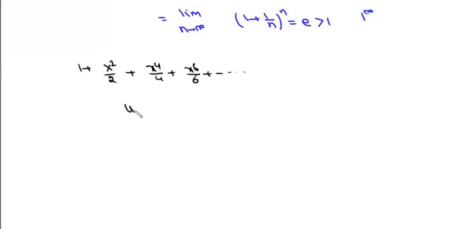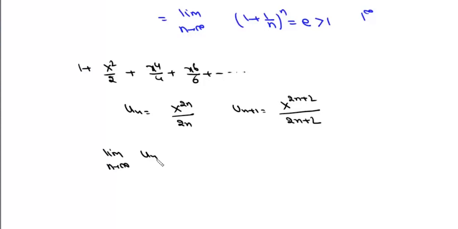Now in this case, un is x to the power 2n upon 2n, if we omit this first term. Now un plus 1 will be x to the power 2n plus 2 upon 2n plus 2.